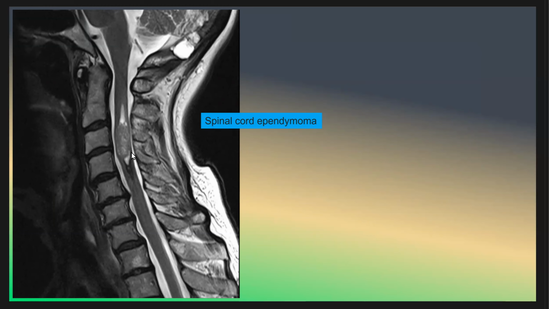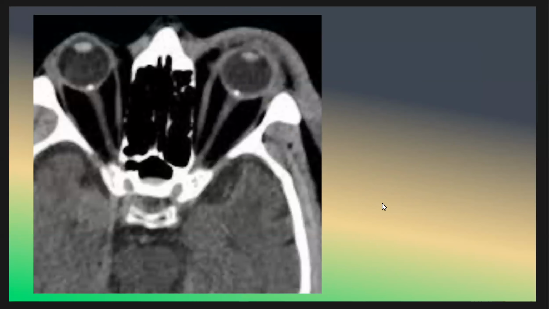The cap sign, in the T2, we see hemosiderin either below or above the tumor. And this can be seen in other pathology like hemangioblastoma, paraganglioma, and arteriovenous malformation. Okay, we move to the next case.